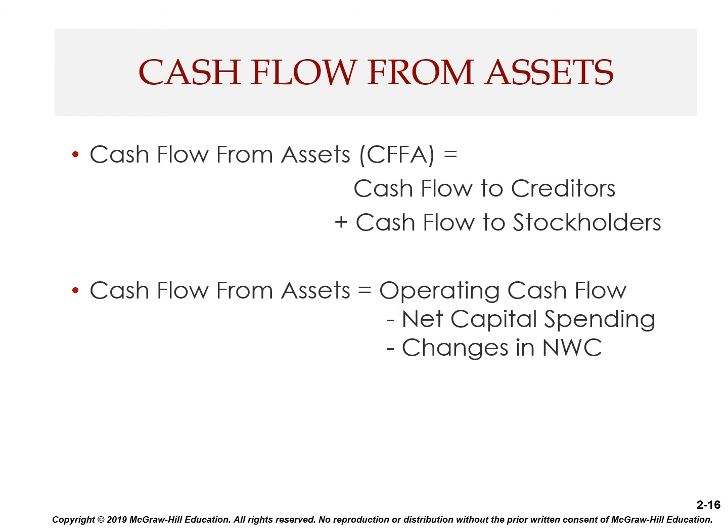How do we compute cash flow from assets? We determine operating cash flow first, then subtract any net capital spending, and then subtract changes in net working capital.